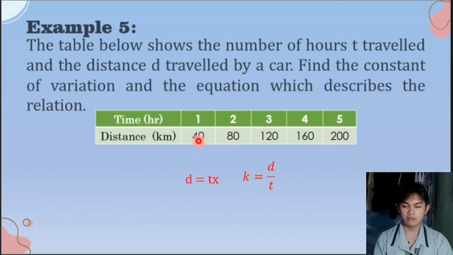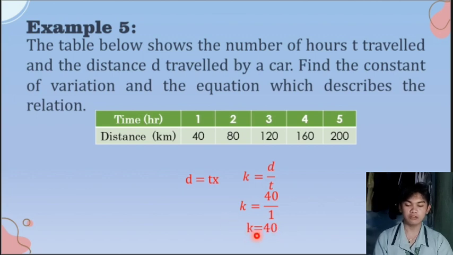Since 40 is the least number in this table, we will get 40. Substitute the value of d to 40, and when distance is 40, the time is 1, so substitute the t with 1. So 40 over 1, we get the value for k, which is equal to 40.